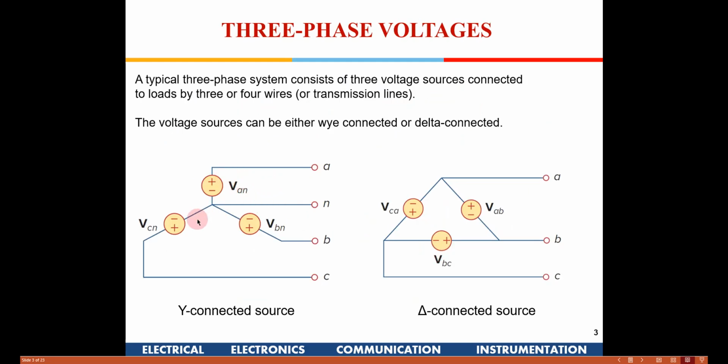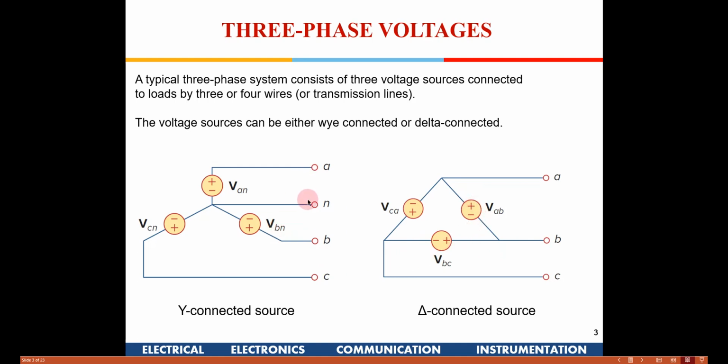And then we also saw in the last class that the source can either be a Y connected source or it could be a delta connected source. Okay, so on the left hand side is shown a Y connected source, and on the right hand side we have a delta connected source.